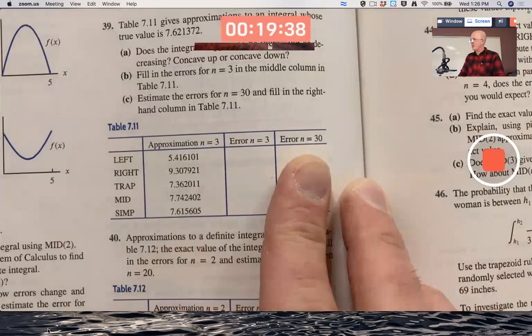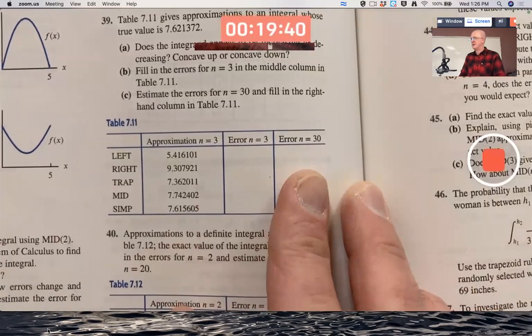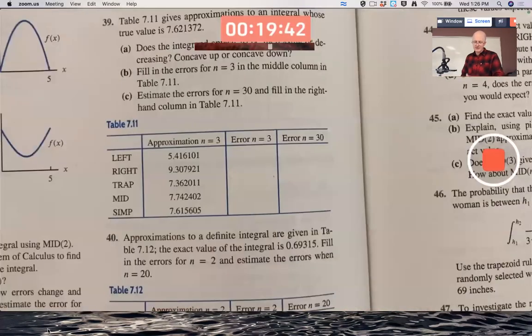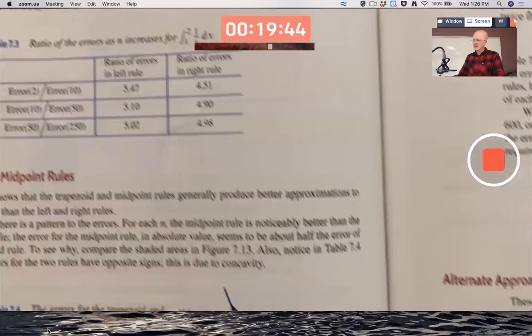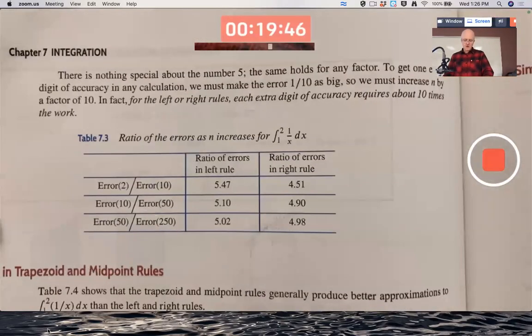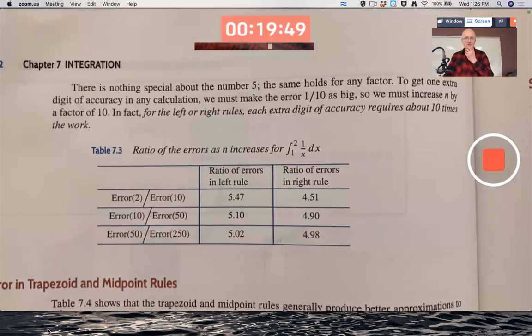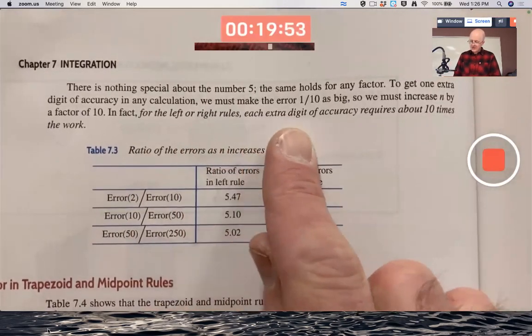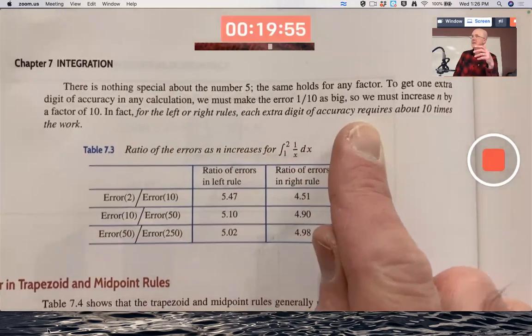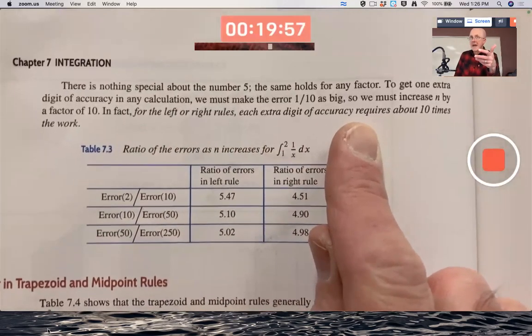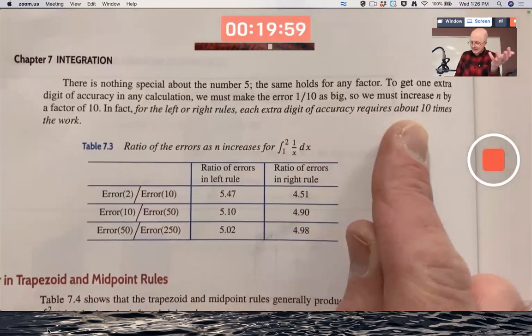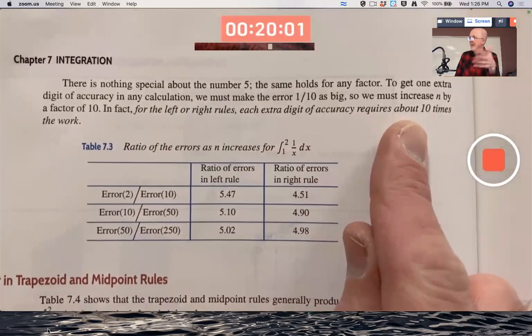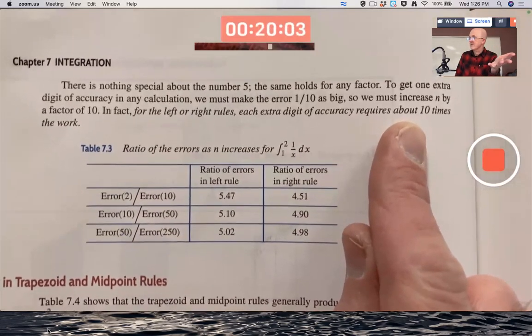These facts about what happens to the error as n increases are in the book, though they're stated a little differently than what I stated them. On page 402, it says for the left or right rules, each extra digit of accuracy, meaning error goes down by a factor of 10, requires about 10 times the work. n increases by a factor of 10, like from 3 to 30.